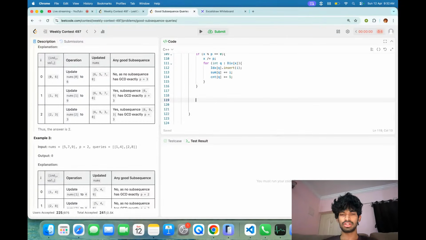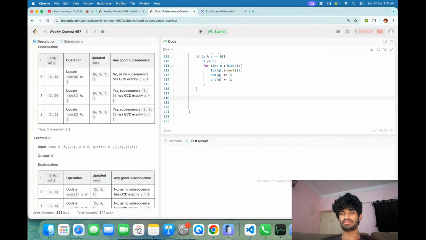Now, see the count of q, okay? So let's just try to find the GCD of q itself. Wait. You cannot go and find the GCD one by one.